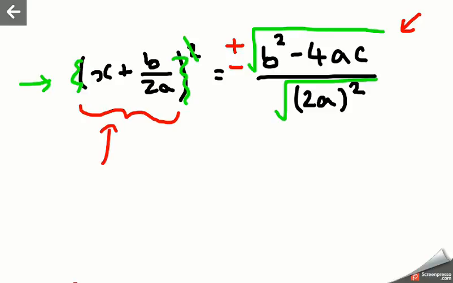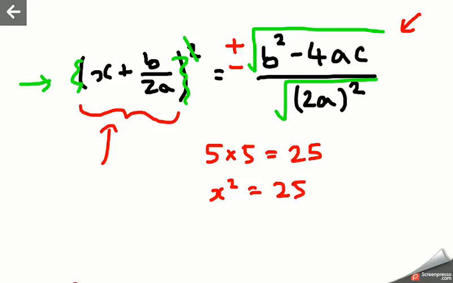Let me give you an example. We know 5 times 5 equals 25. So if x was equal to 5, then x² = 25 is true. But also, we know negative 5 times negative 5 equals 25.